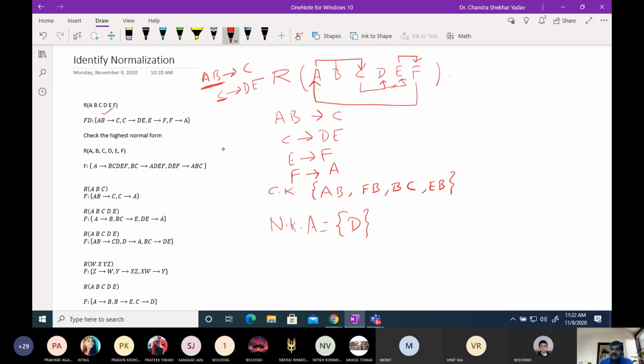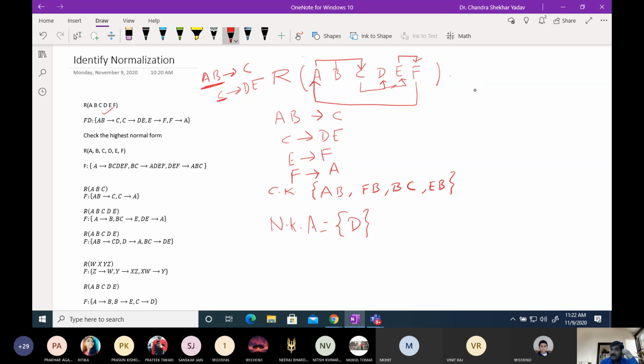Transitive dependency means if a non-key attribute determines non-key attributes. But there should not be any partial FD also in third normal form. Why?